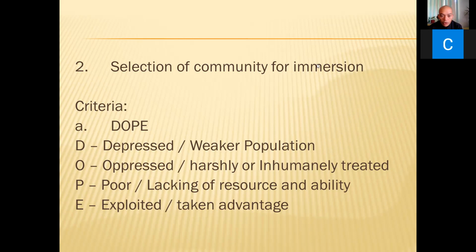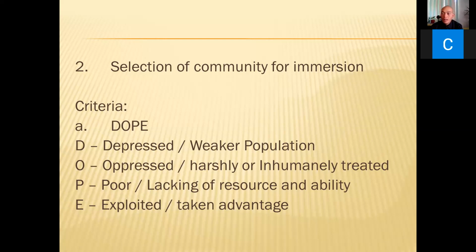So when we talk about DOPE, letter D means depressed or the weaker population. It means they are the poorest of the poor. But when you talk about depressed, they are the ones who do not have the ability to help themselves.